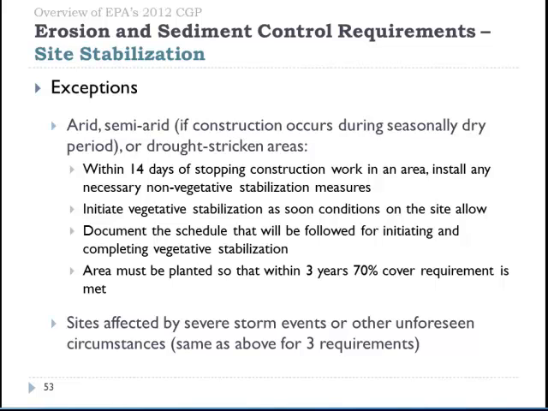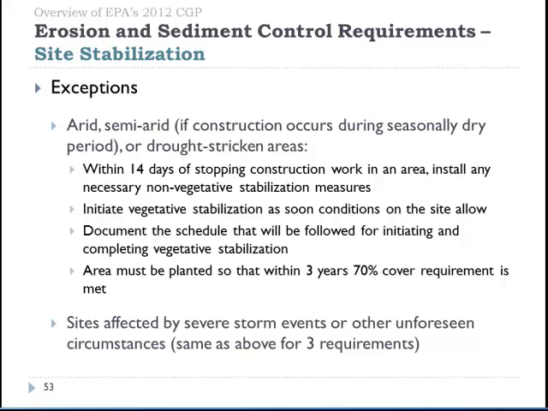There are also some exceptions for areas that aren't in one of these dry areas, but are affected by severe storm events or other uncontrollable or unforeseen circumstances, such as a severe storm where there's just no way to begin to initiate stabilization yet because of muddy conditions or flooding conditions, or if there's been some unexpected problem in the delivery of materials.